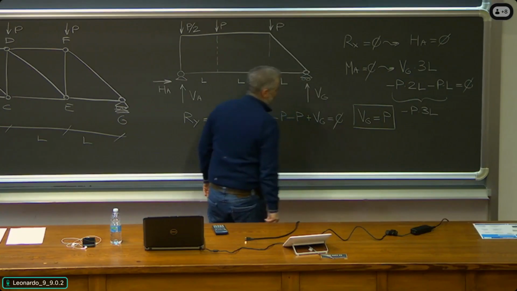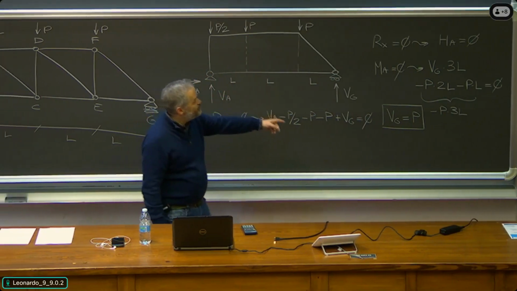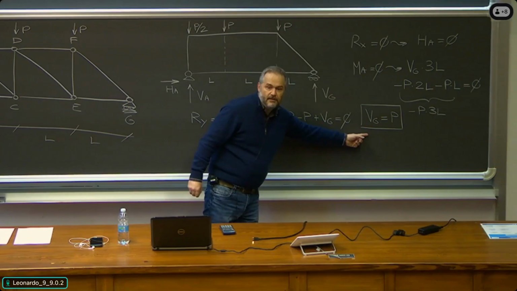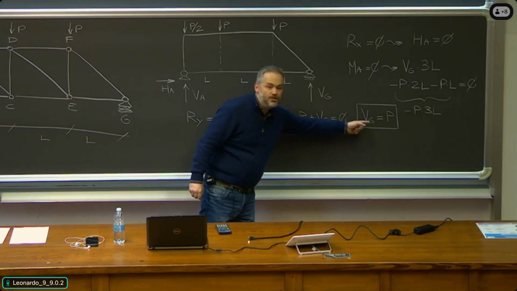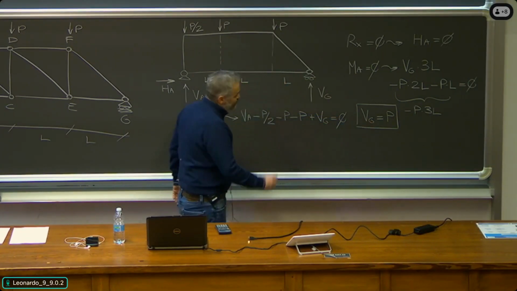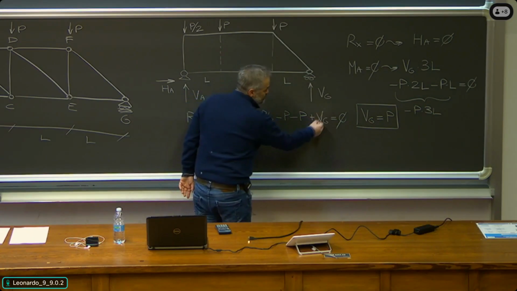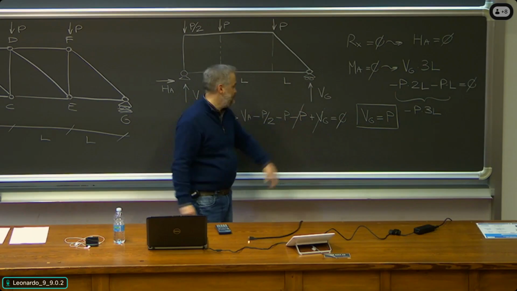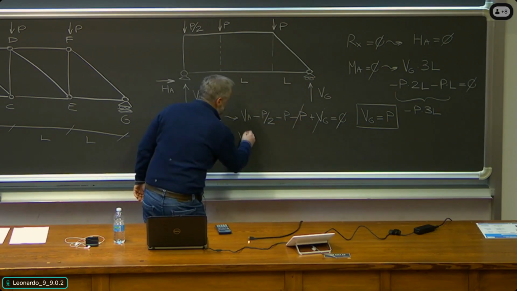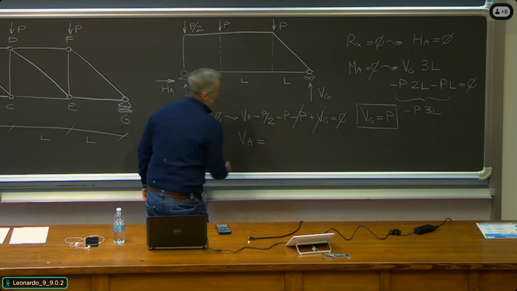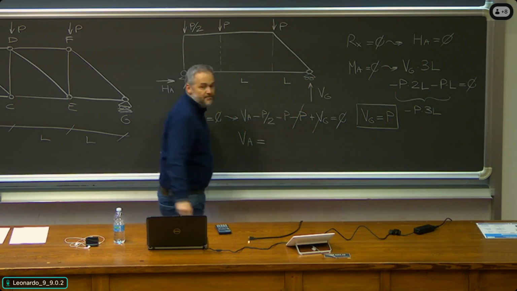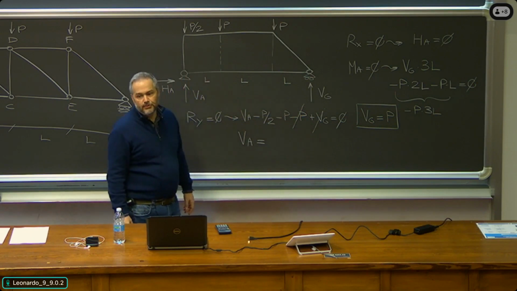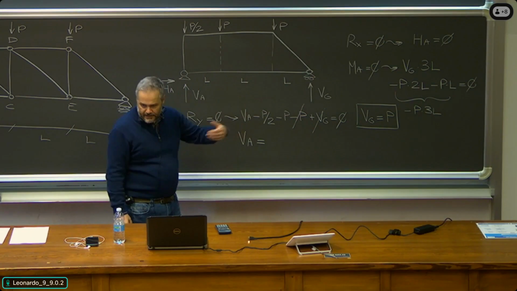Now we already know, you see it here, close to the equation that Vg is equal to P. Therefore, I can simply cancel out this Vg with this P, minus P plus P is 0, and this all reduces to Va equal to P divided by 2 plus P would be 3 divided by 2 P with a minus.